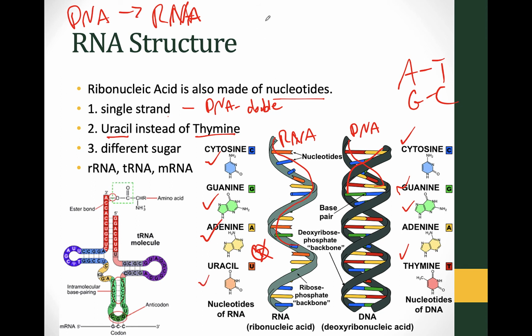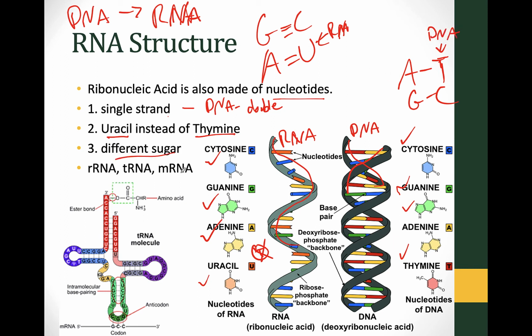So in RNA, G and C still pair together. That doesn't change. But in this case, A is going to bond with U with two hydrogen bonds instead of T. You can just basically take out the T and replace it with a U. So anytime you see a U, you're looking at something made out of RNA. And anytime you see a T, that's a dead giveaway that you're looking at something made out of DNA.